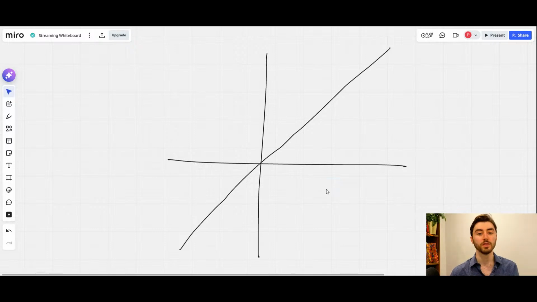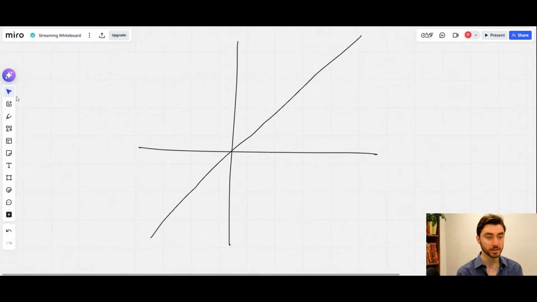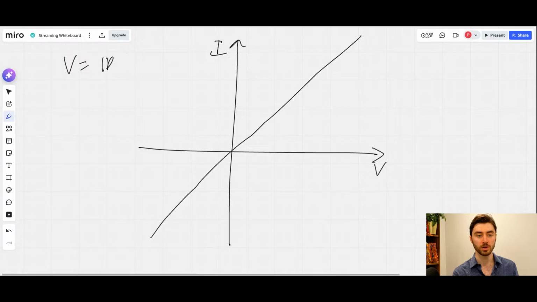Okay. So this is your IV characteristics for a simple wire. A simple wire is ohmic. It obeys Ohm's law. Straight line through the origin. V is directly proportional to I. Now, this is not the same way round that Ohm's law is. Ohm's law would have V on the y-axis and I on the x-axis.